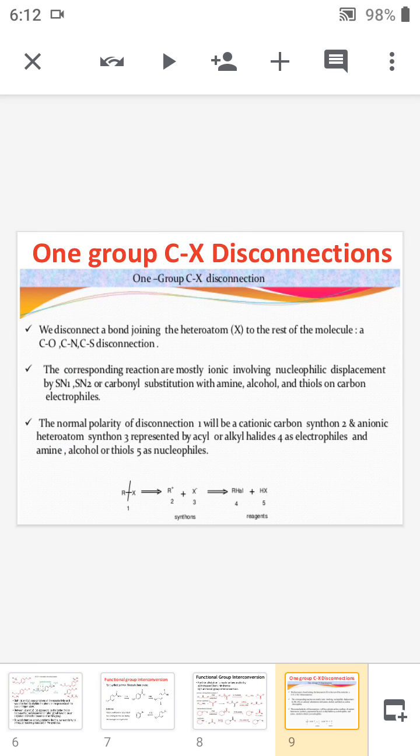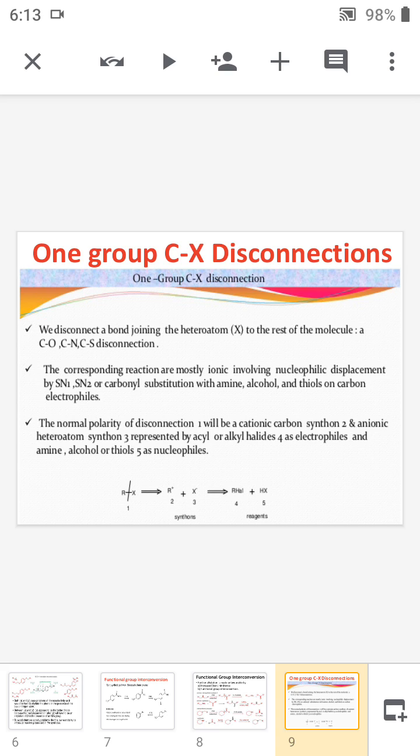Now we are moving to the next topic, that is the one-group C-X disconnection. The point is that we are disconnecting only one group, and that group is directly attached to the carbon atom of the target molecule. So this case exists in the C-O, C-N and C-S disconnections. That means a heteroatom which is directly connected to the carbon atom of the target molecule.